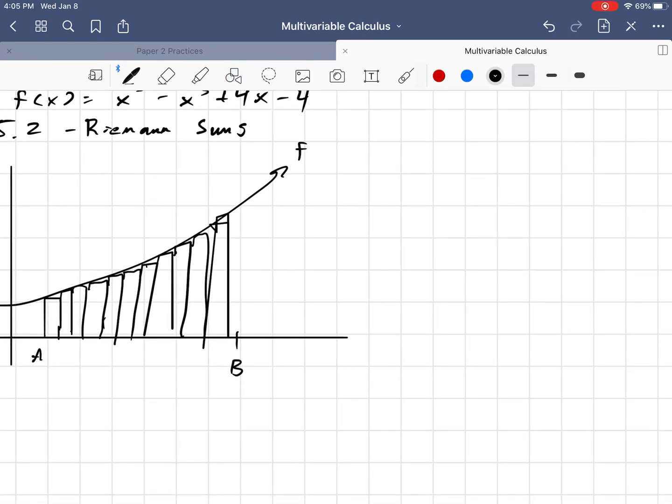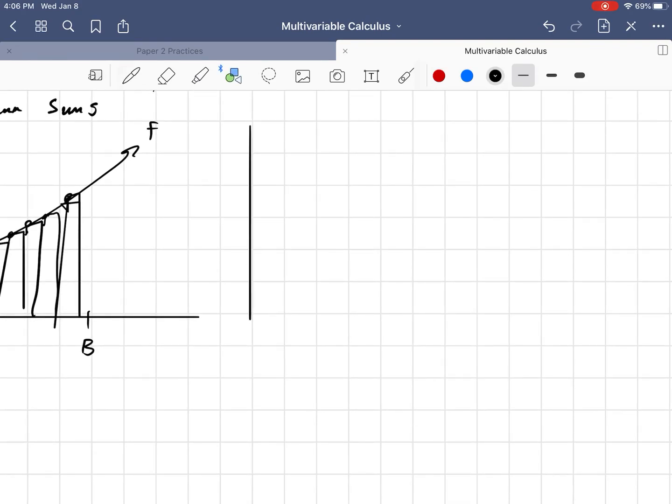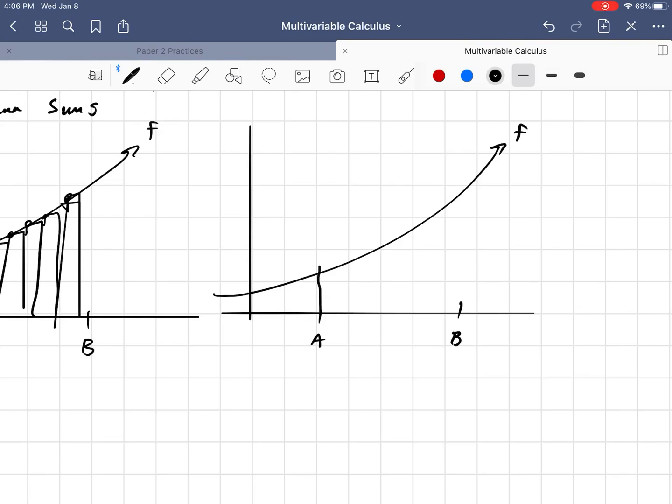Now notice here, what we're doing is, you see how these rectangles all touch the function on the left side. I just chose the left side. Of course, we could have done the right side. If I redraw it here, with the same function from a to b, function f, I could do it like this.